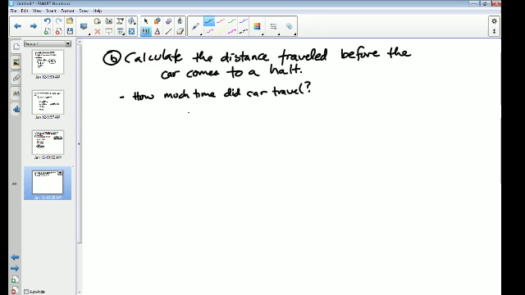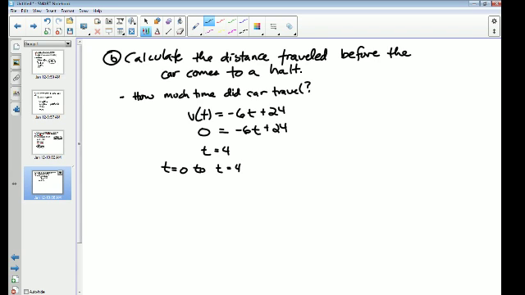So if the velocity function is negative 6t plus 24, then t is 4. So we need to go from t equals 0 to t equals 4, right?